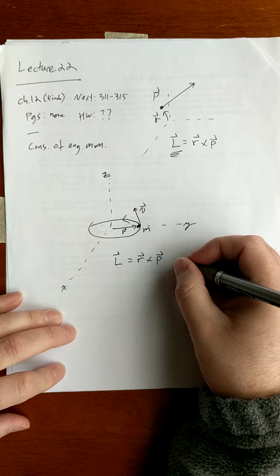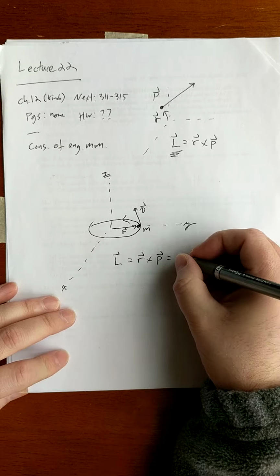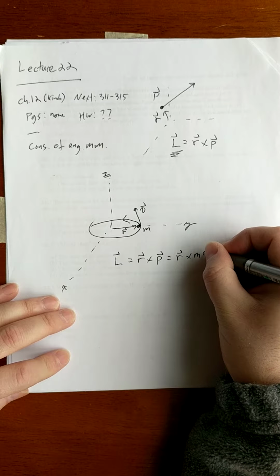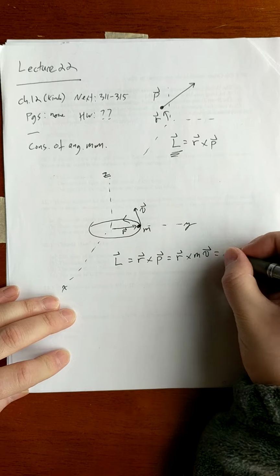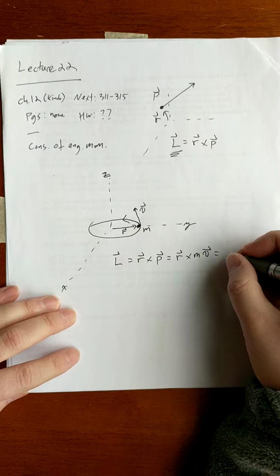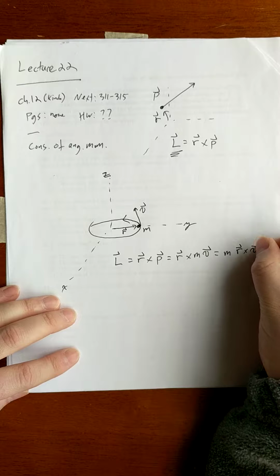So we have r cross p for our definition of angular momentum. And now we just plug in our definition of linear momentum. That mass m goes through the cross product because it's a scalar. The cross product doesn't talk to it, it only talks to vectors.